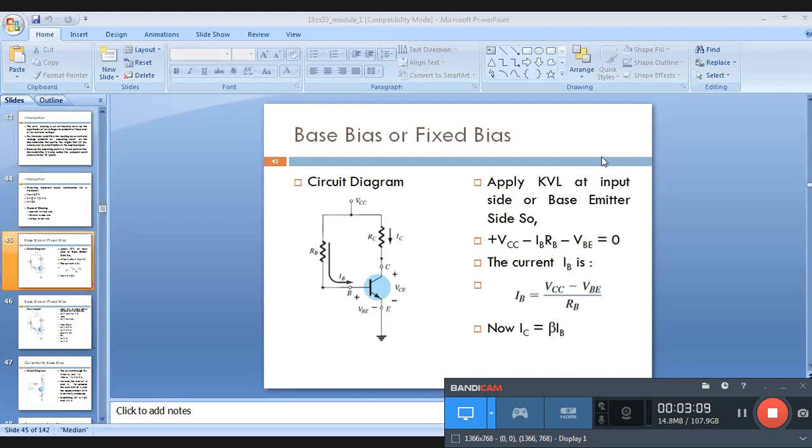I will show you. Last class I gave one problem. VCC is equal to 50 volts. And I gave RC is equal to 1.5 kilo ohm.